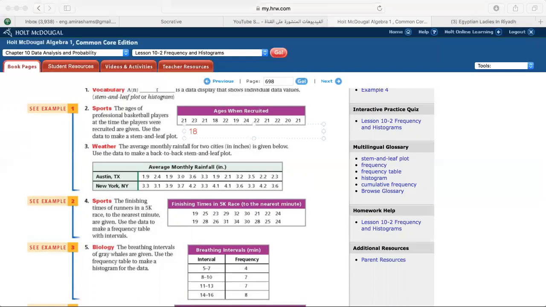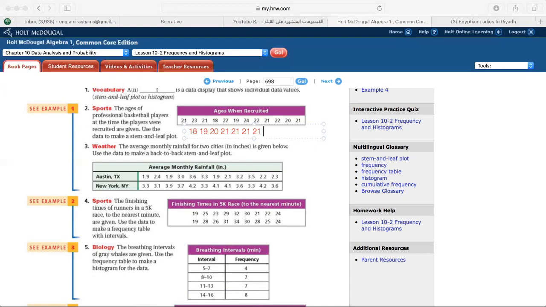80. Then 90. Then 20. Then 21 is repeated, 1, 2, 3, 4 times. So 18 and 19 and 20.